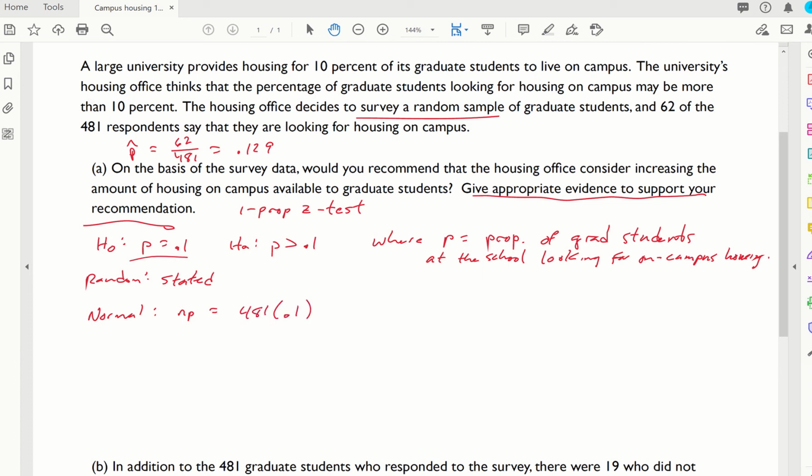Remember, we're getting that straight out of the null hypothesis. So 48.1. n times 1 minus p is going to be 481 minus 48.1, so that is 432.9. Since both are greater than 10, conditions met.